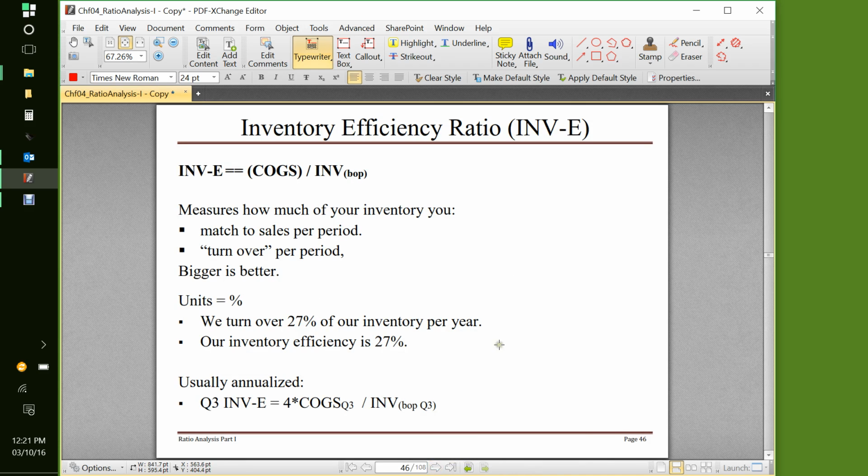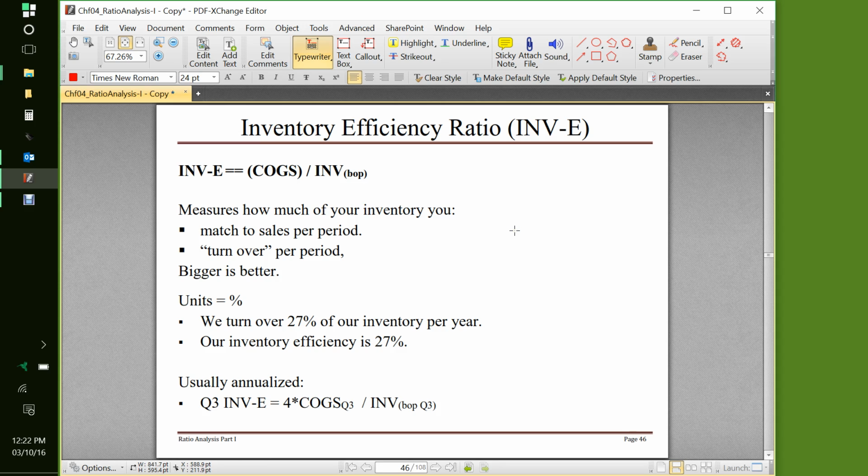Okay, the next ratio up is our inventory efficiency ratio, and our inventory efficiency ratio is our COGS in the period divided by our inventory at the beginning of the period. So what's this telling us qualitatively?